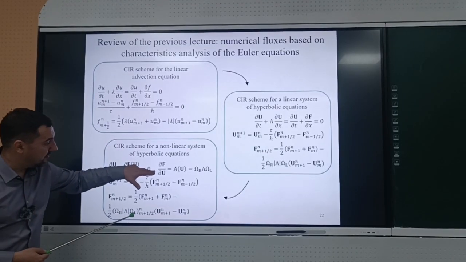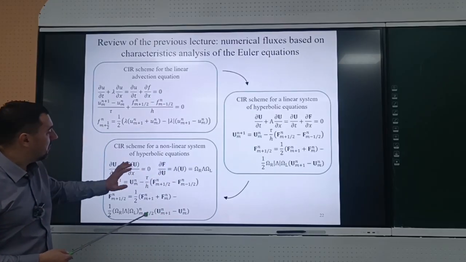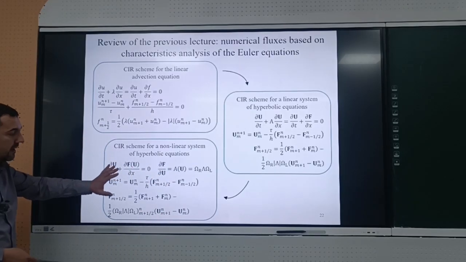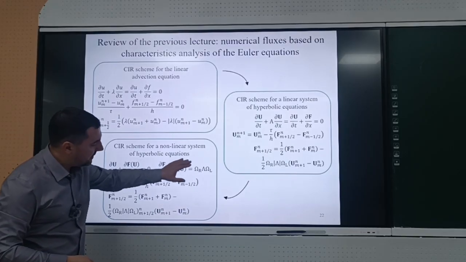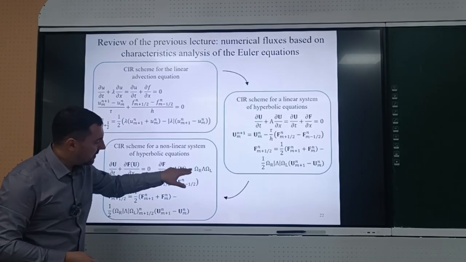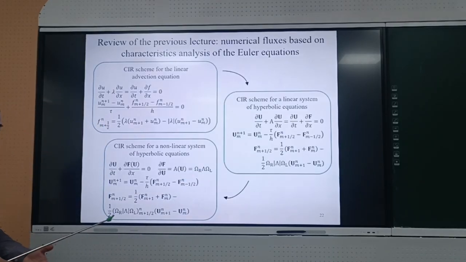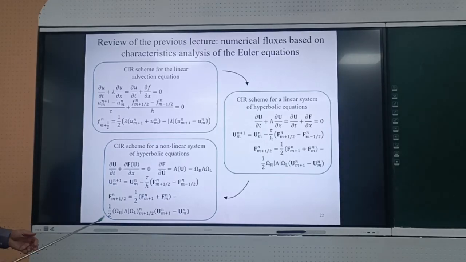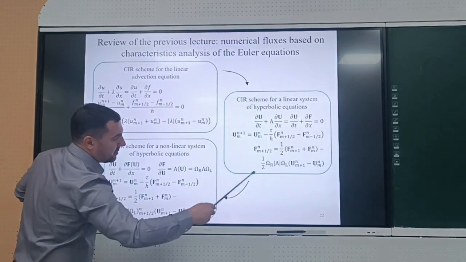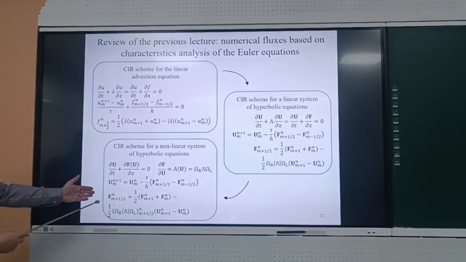But nevertheless, we can compute the Jacobian matrix dF over dU, A of U. So we believe that this system is also hyperbolic, and we can build this decomposition, omega R, lambda, omega L. But here, all these matrices depend on U. They depend on the unknown vector.